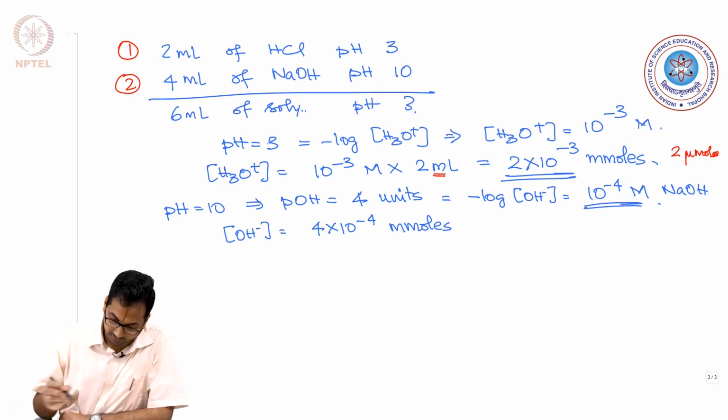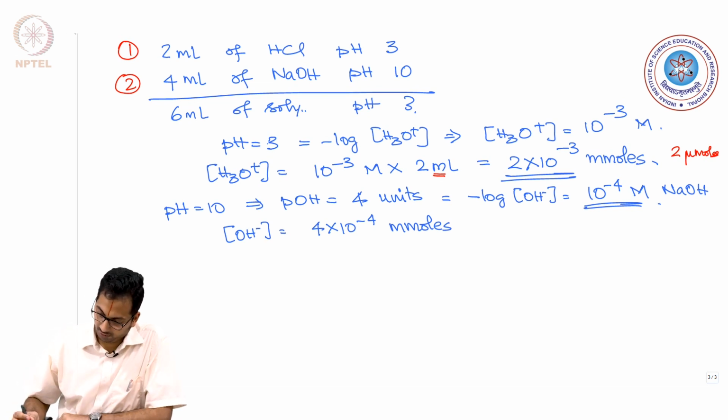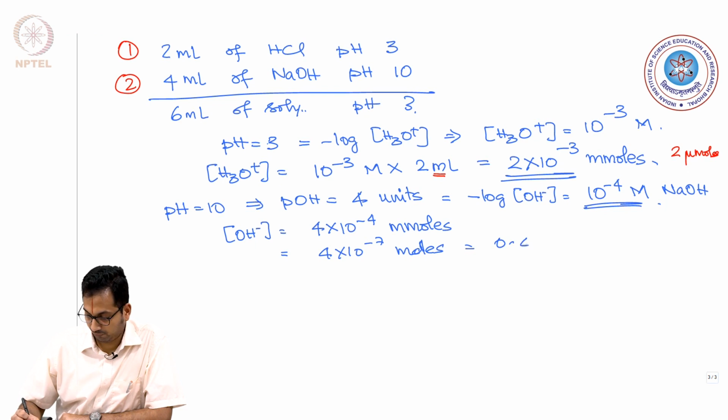So now you have a given amount of H3O plus and given amount of OH minus ions that are present. Okay. So this could be written as 4 into 10 to the power of minus 7 moles, which is 0.4 micromoles.